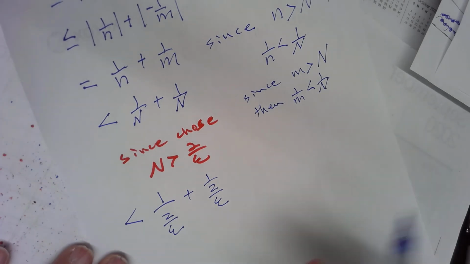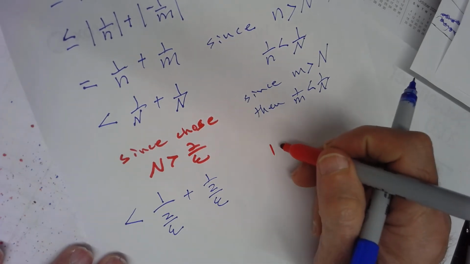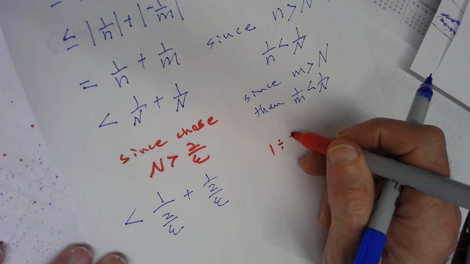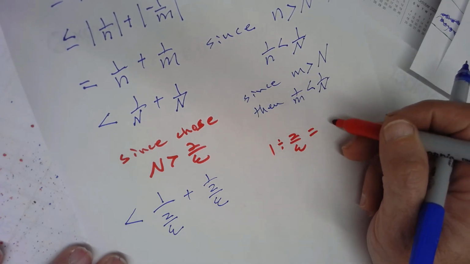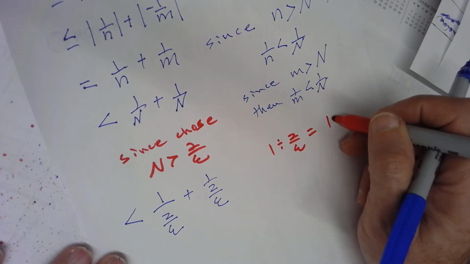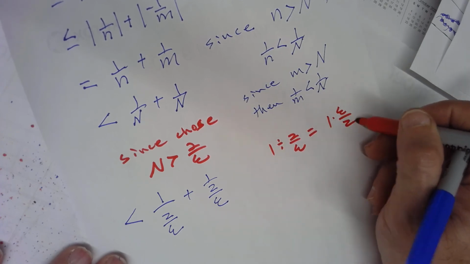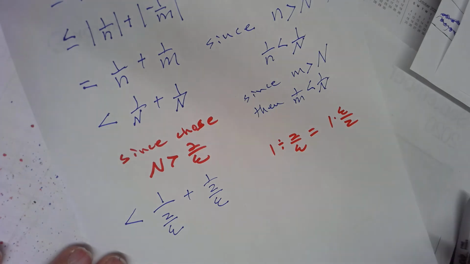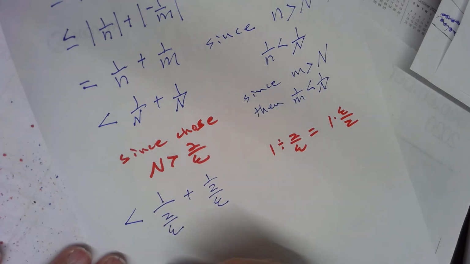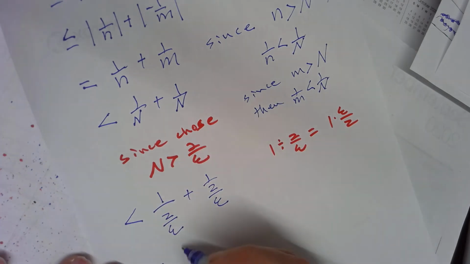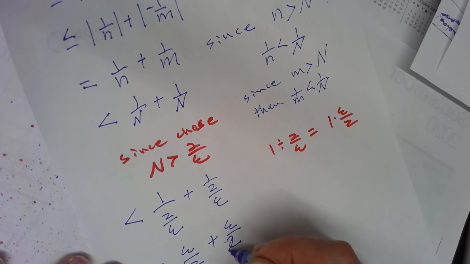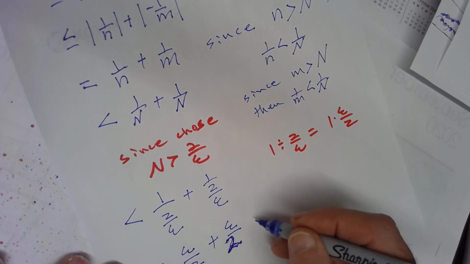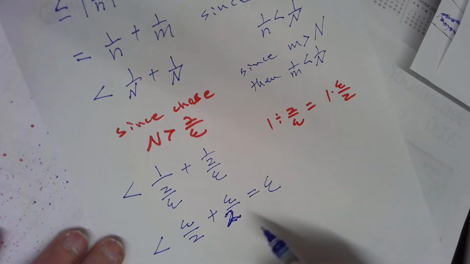From here, if we divide fractions, 1 over 2 over epsilon, we apply the reciprocal to the second term, so that's 1 times epsilon over 2. So we're multiplying the reciprocal here. And that'll be epsilon over 2 plus epsilon over 2, and all of that is equal to epsilon.